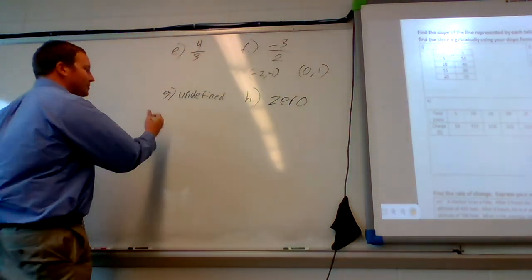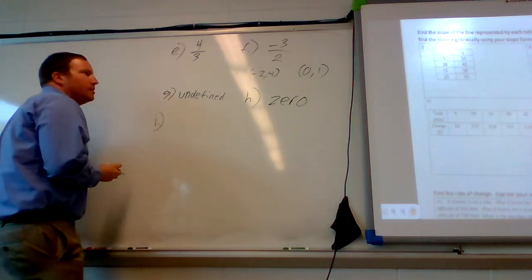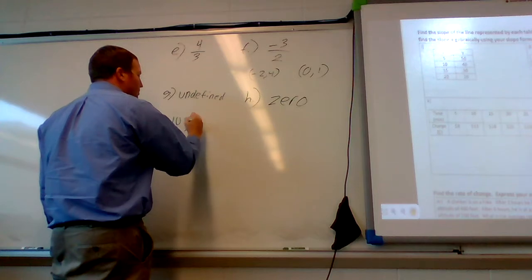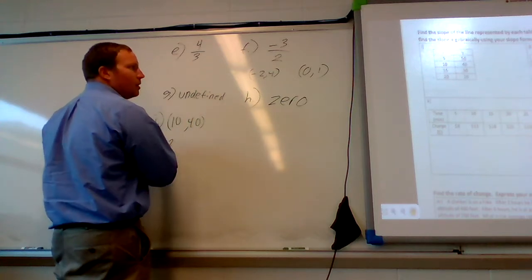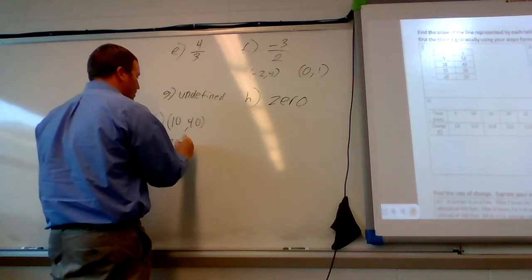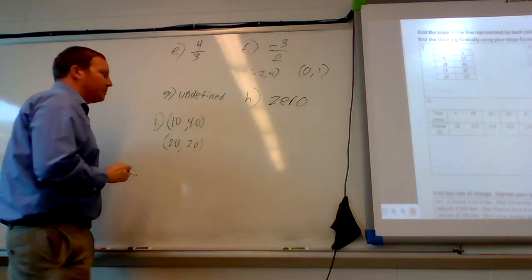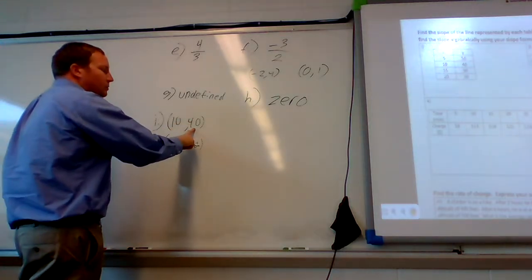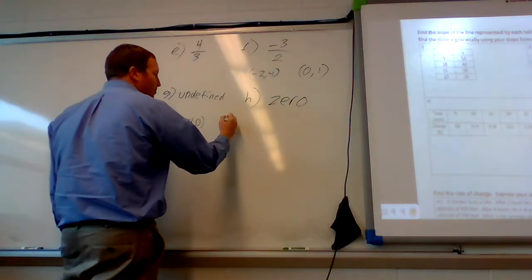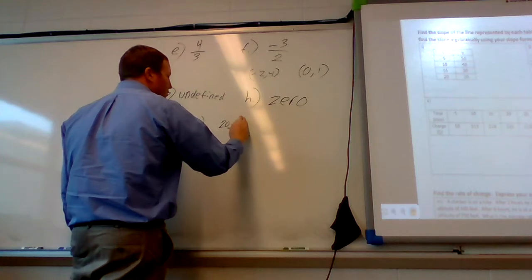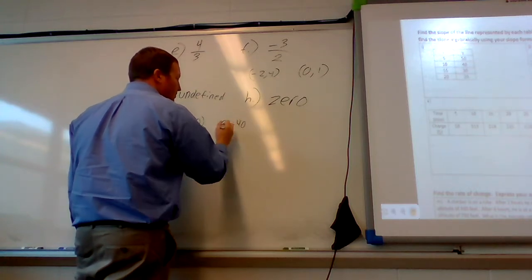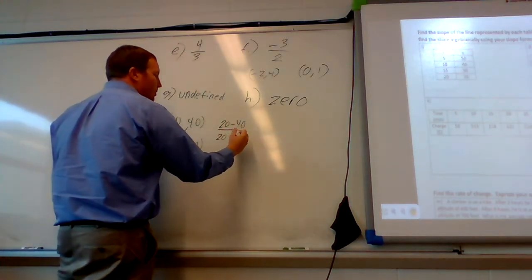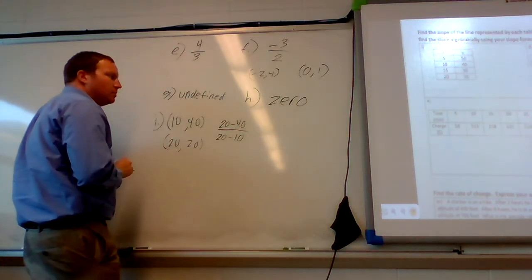So in this case, 10 and 40, and 20 and 20. Again, we can do y2 minus y1, 20 minus 40, over x2 minus x1.